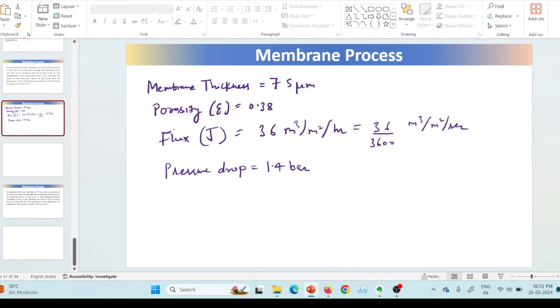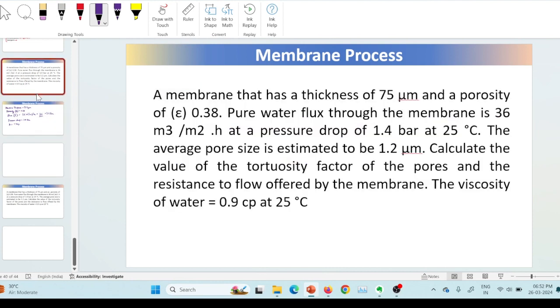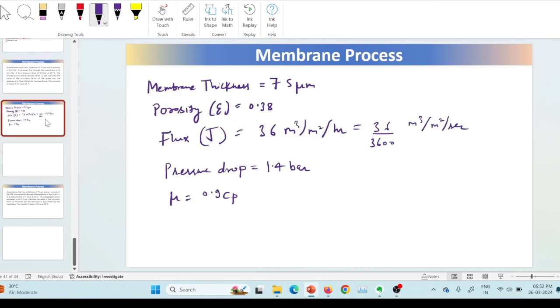Pressure drop is 1.4. Dynamic viscosity is 0.9 centipoise. Pore diameter is 1.2 micrometer, and the pore radius, because we will be using radius here, will be 0.6 micrometer.